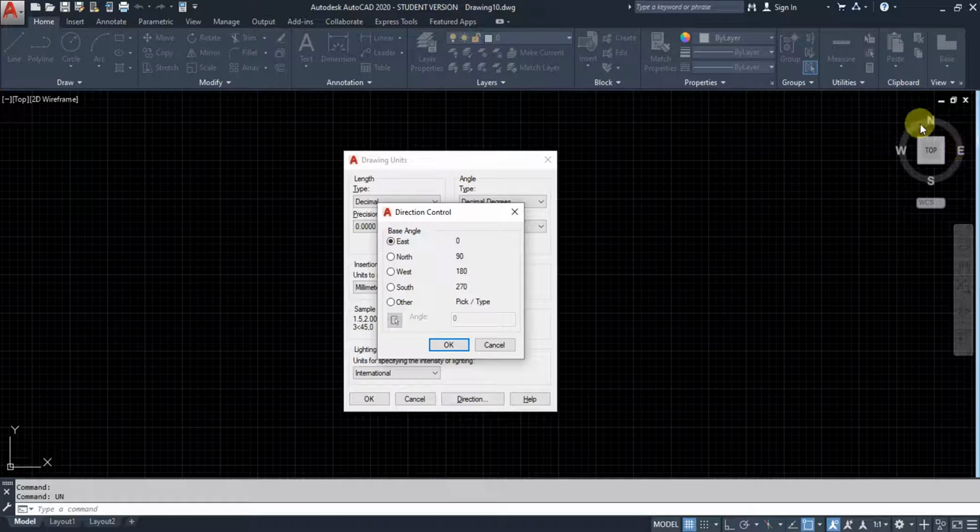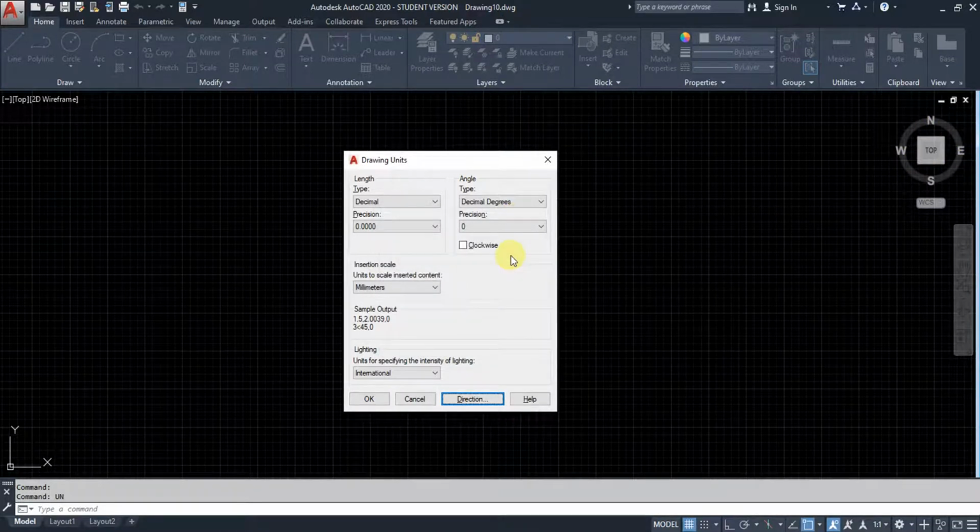It's nothing but the anti-clockwise direction. If you want to change it to clockwise, you can click here. Whatever length type or angle you choose, you can see the output here. For example, you can see 45 degrees here. If I click clockwise, it turns into 315 degrees.